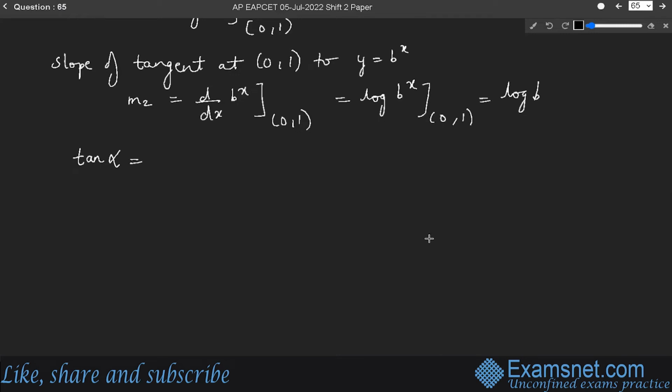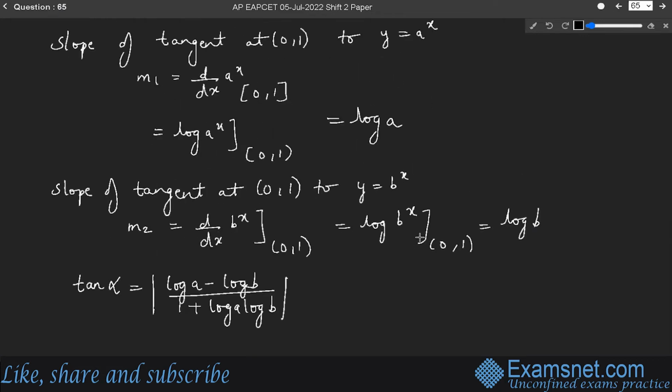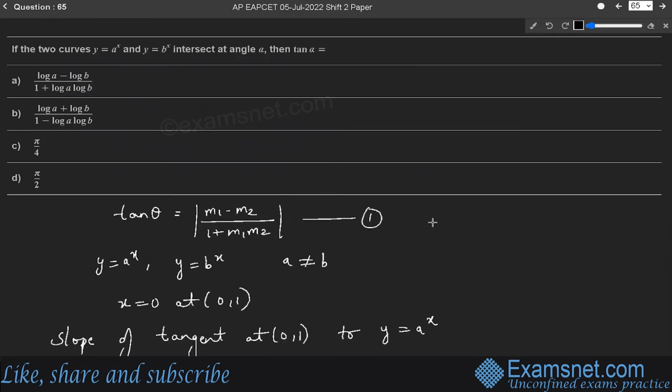So tan alpha will be equal to m1 minus m2, which is log a minus log b, divided by 1 plus m1 into m2, which is log a into log b. So this is the required value of tan alpha. Hence, we can say that the correct option here is option number 1, which is log a minus log b divided by 1 plus log a into log b.